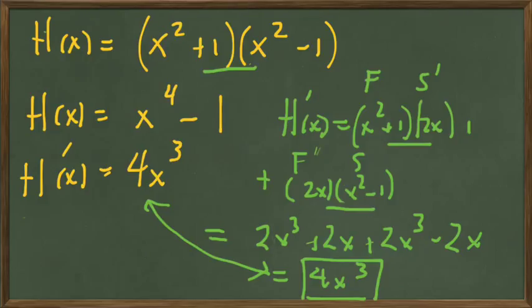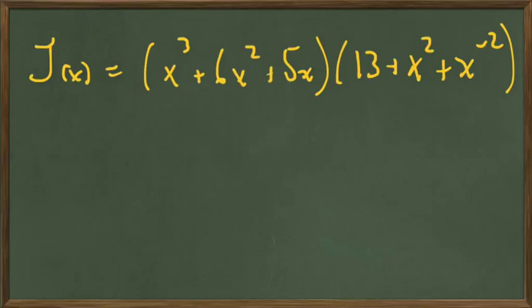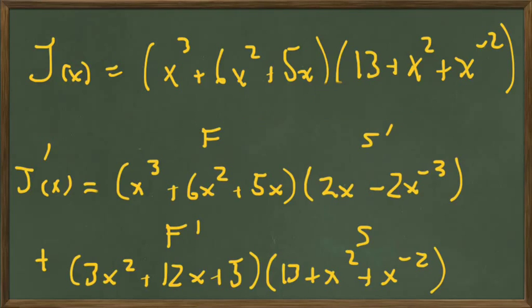Generally the product rule wouldn't be used in this case, but we would want to use the product rule if our function was something like this. So let's go ahead and calculate j prime of x. So we've got f and s prime, and notice that in the s prime we've taken the derivative of this term, bringing the power down, and when we reduce the power by 1, it goes from -2 to -3.